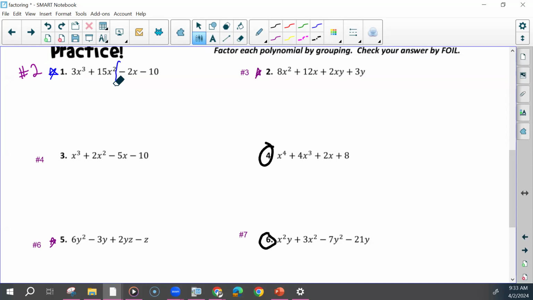Okay, the variable, how many x's? 3x squared. If I'm not going to have space to write that I'm dividing each piece, you could do that if you want. You don't have to show that part. If I'm dividing 3x squared to both of those, what's left?